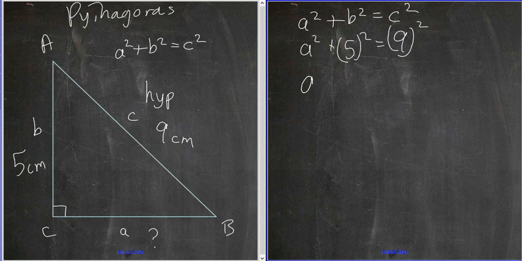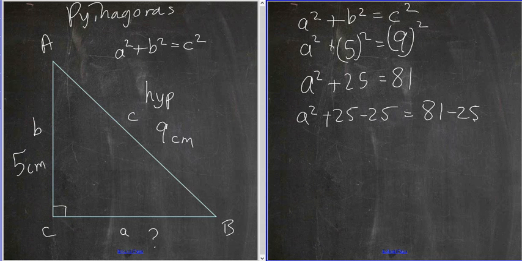a squared plus 25 is equal to 81. Now this is the part where this becomes a two-step calculation as opposed to one step, sometimes called a two-step problem. I need to get rid of my 25. Since this is plus 25, I am going to subtract 25 from both sides of my equation. a squared plus 25 minus 25 equals 81 minus 25, because we have to do the same thing to both sides.